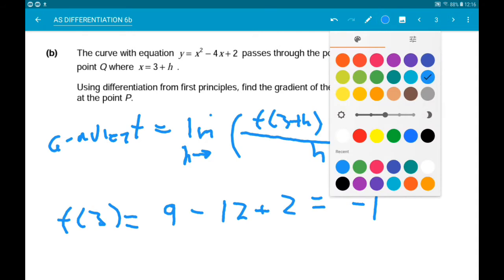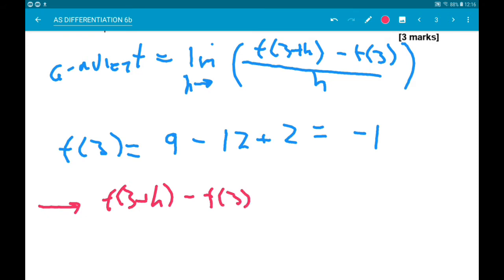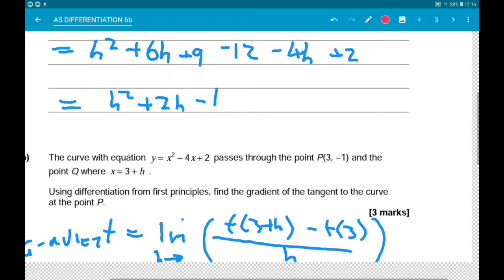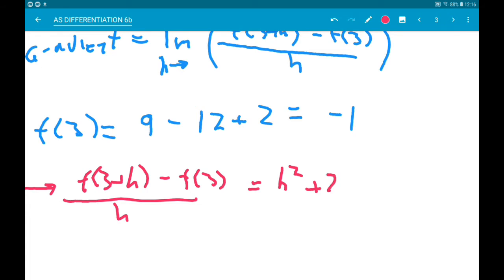So, f of 3 plus h minus f of 3 all over h is going to be h squared plus 2h minus 1, minus f of 3.